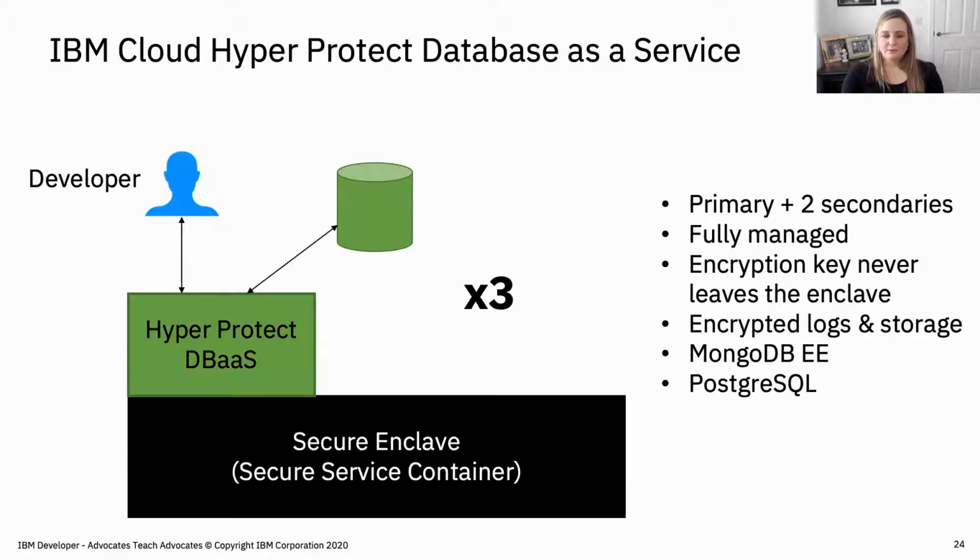Within this, whether you're running Postgres or MongoDB, you're going to have a primary and 2 secondaries. The environment is going to be fully managed. Your encryption keys never leave the secure enclave. You do have encrypted logs and storage. So you're going to have your one primary database and then the replicas for failover or HA or whatever it is that you need.